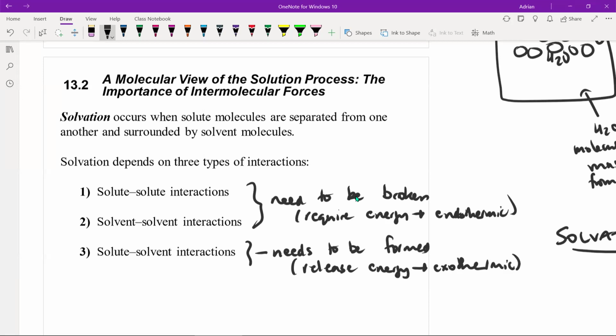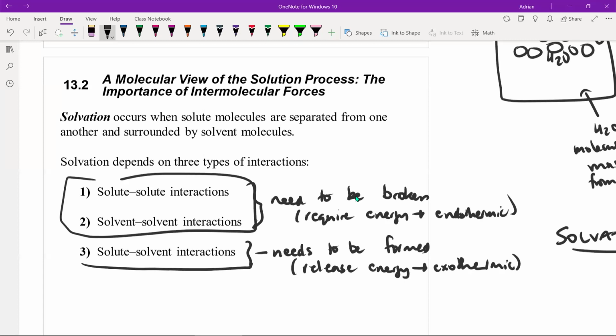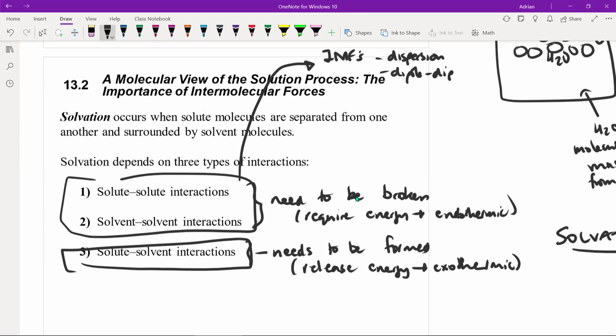Okay, so we have an interplay of breaking interactions in the first two, the solute-solute and solvent-solvent interactions, and then forming attractions between the solute and the solvent. These solute-solute, solvent-solvent interactions are the things we talked about before, right? When we looked at intermolecular forces of attraction, we looked at dispersion forces, dipole-dipole forces, hydrogen bonding.